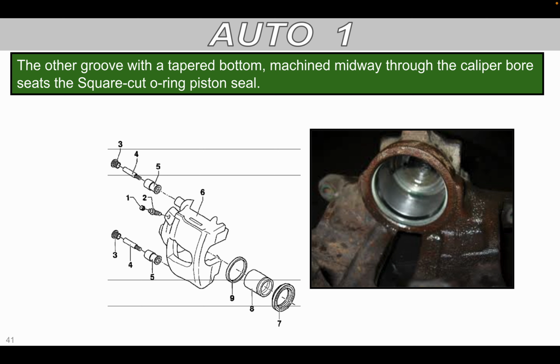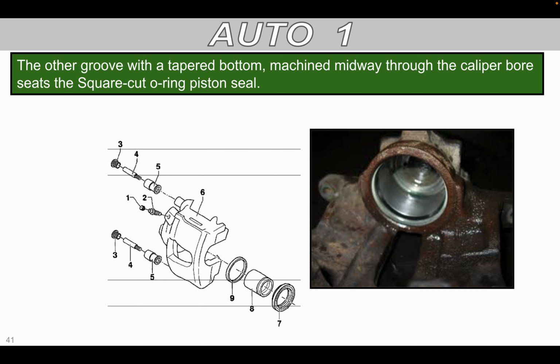Okay, so let me go ahead. This might look very familiar to your study guide, by the way, that you need to complete. So right here, number 8. What's that? That's the piston. Okay. What's this one right here, number 7? That's the dust boot. Okay. What's number 9?